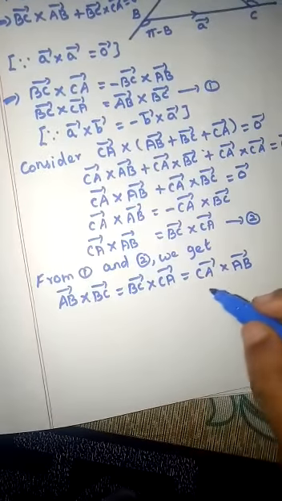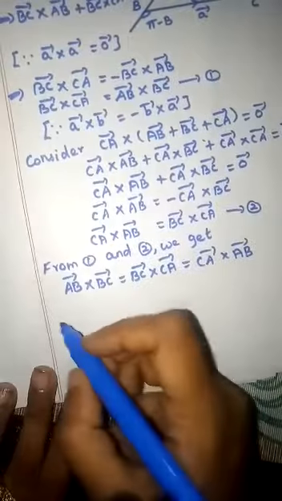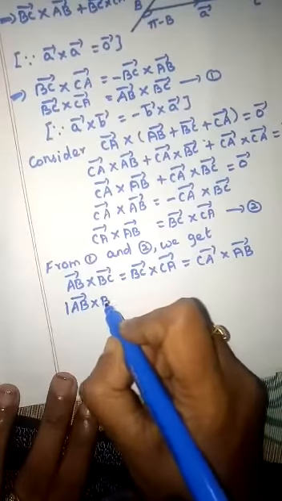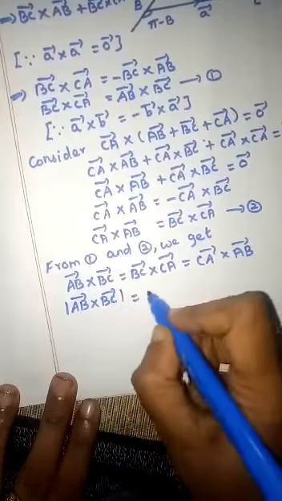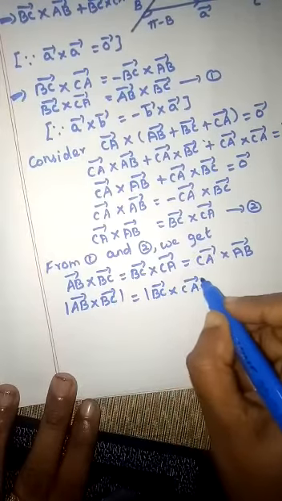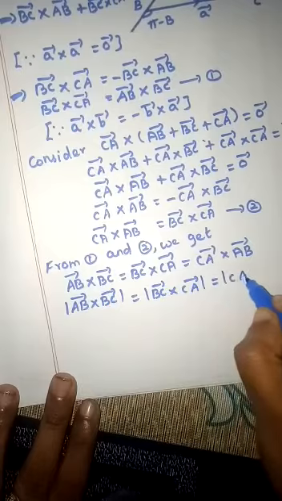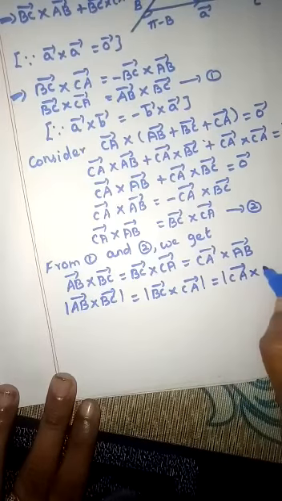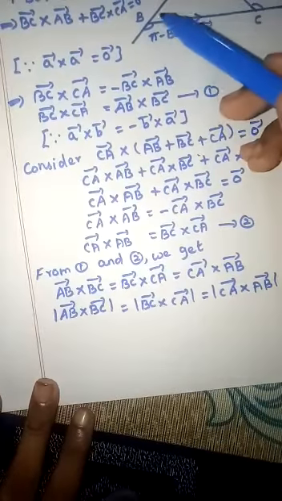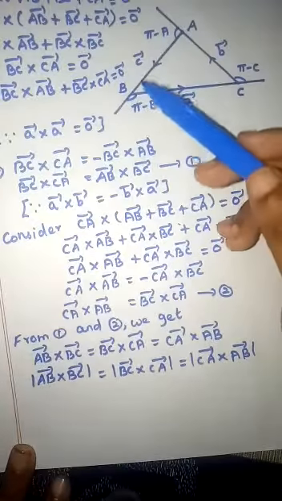Now we can take the modulus for all the three terms. So modulus of AB vector cross BC vector is equal to modulus of BC vector cross CA vector, equal to modulus of CA vector cross AB vector. Now you can write AB vector as C vector.